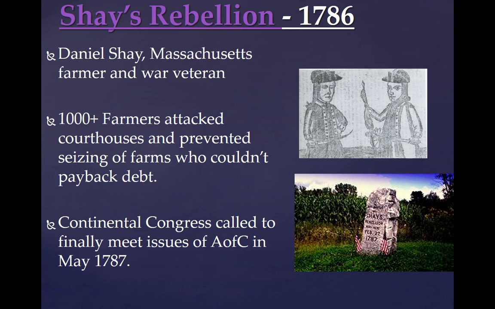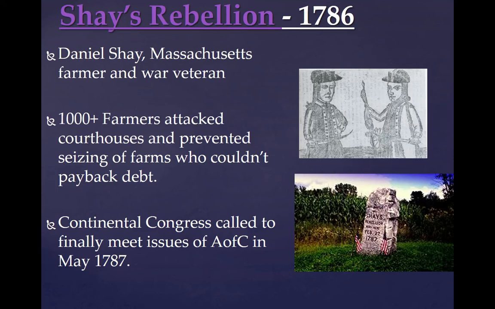So what you get is actually called Shays' Rebellion. It's a group of these farmers led by a man named Daniel Shays, who was a Massachusetts farmer and a veteran of the American Revolution. He is able to gather up a number of his friends and rallies support from over 1,000 farmers in the area.